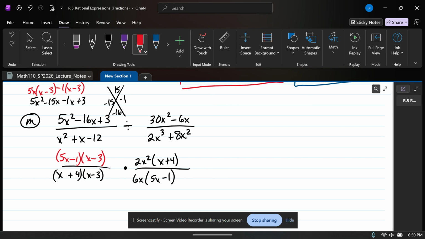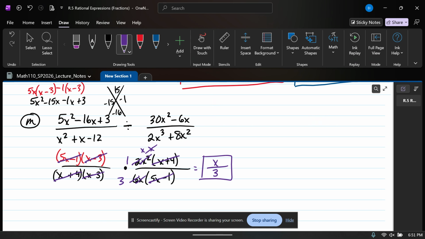When a lot of stuff cancels out, that means we're doing some good with our simplifying. So I end up with just x over 3.